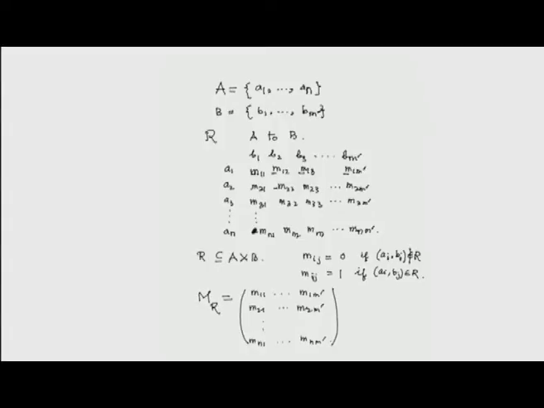Of course, here we assume that the ordering is fixed: the ordering of the set A, by which we have labeled the rows of the matrix, and the ordering of the set B, by which we have labeled the columns of the matrix M sub R. It is now clear that the matrix M sub R is a binary matrix.